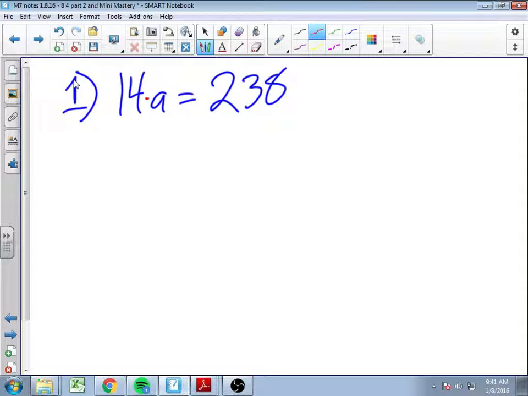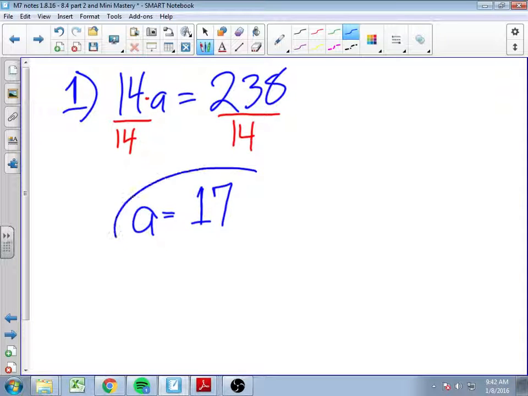I didn't show it because we don't have to, but this is multiplication. So Haley, what do we want to do? Divide. If you have this wrong on your paper, do it correctly on your paper. When we do that division, A comes out to equal 17. 238 divided by 14 should be 17.